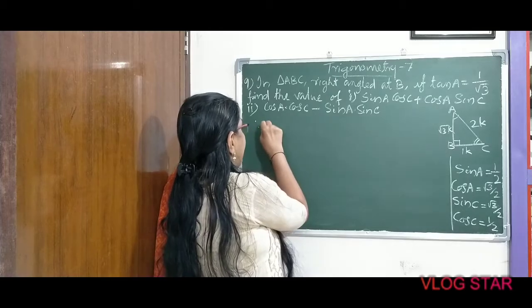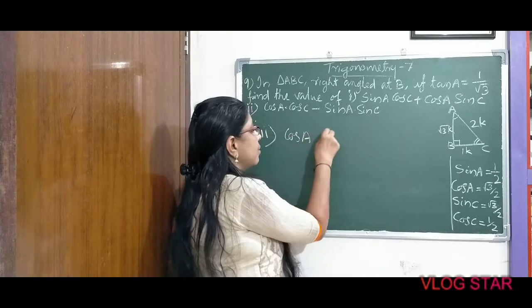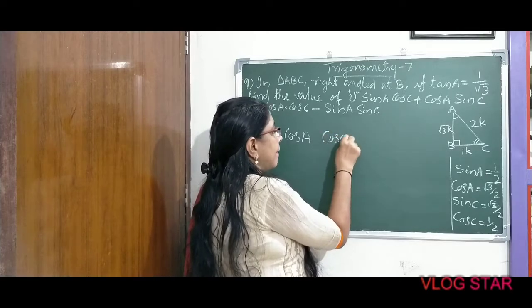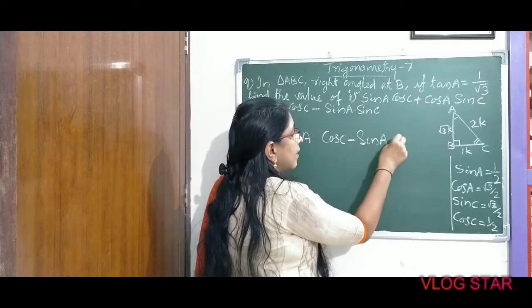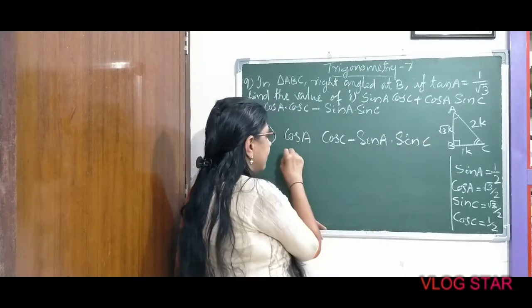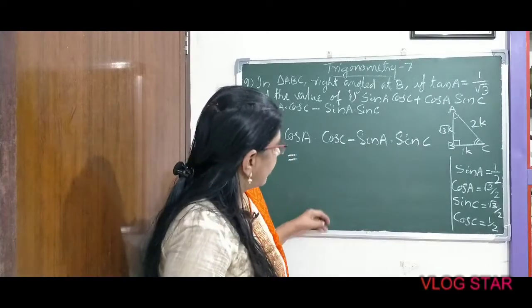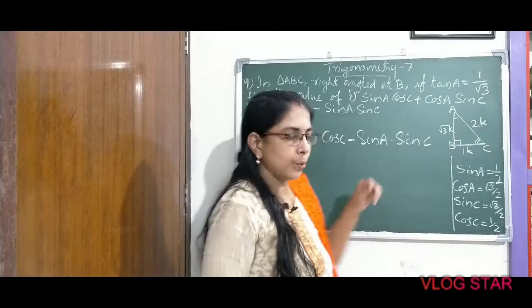Second part, that is cos A into cos C minus sin A into sin C, that's equal to, give the values. What is cos A? Cos A is root 3 by 2.